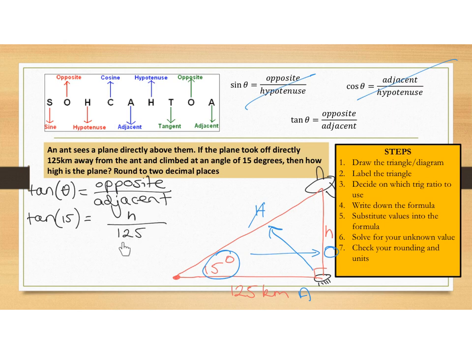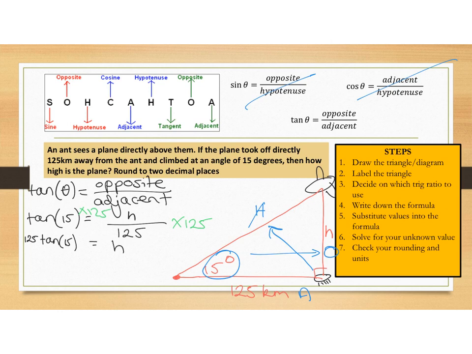And that means I'm going to take this bottom value and multiply it by both sides. And so my next line is going to look something like this. 125 tan of 15 is equal to our H value.